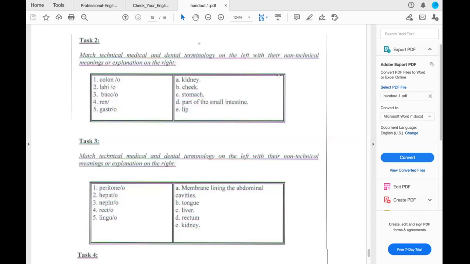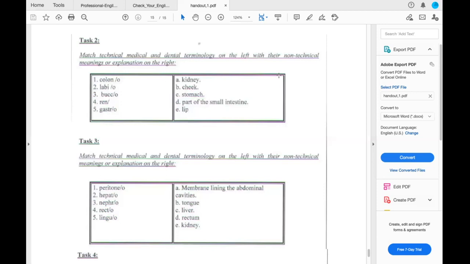So here, although the two words are very similar in spelling, they have two different meanings, and you can differentiate between these two meanings by knowing the meaning of the prefixes intro and endo. Intro means intestines, and endo means within.